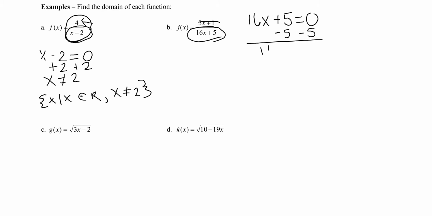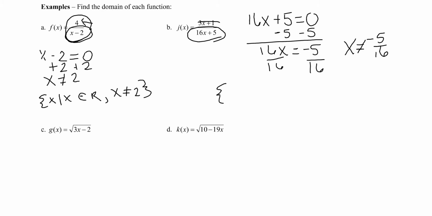And we get 16x equals negative 5. Divide by 16. So x equals negative 5/16. And so again, my domain is all real numbers except x cannot equal negative 5/16 because that will give me a 0 in my denominator.